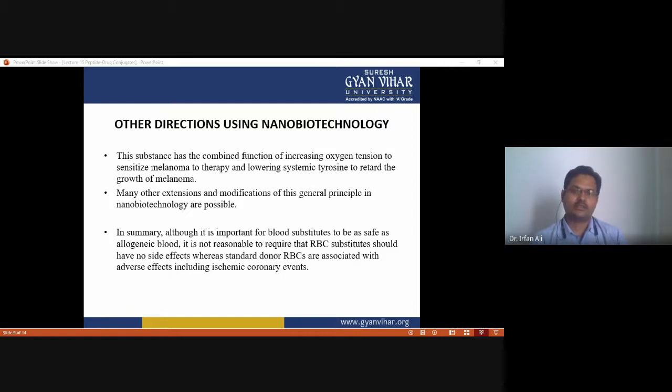So finally, it is important for a blood substitute to be as safe as allogenic blood, and it is not reasonable to require that an RBC substitute have no side effects, whereas standard donor RBC are associated with adverse effects, including ischemic coronary events.